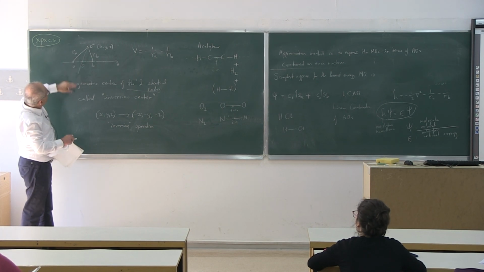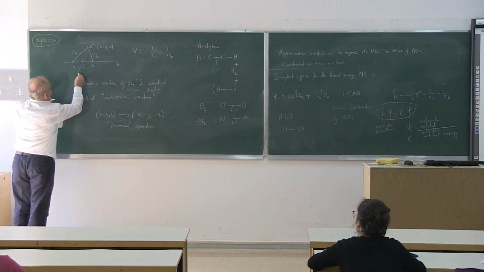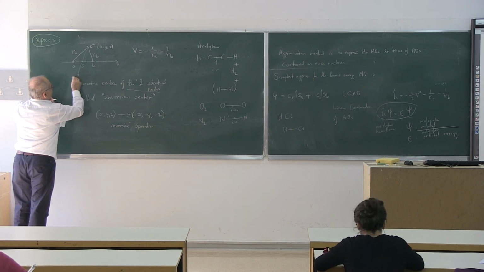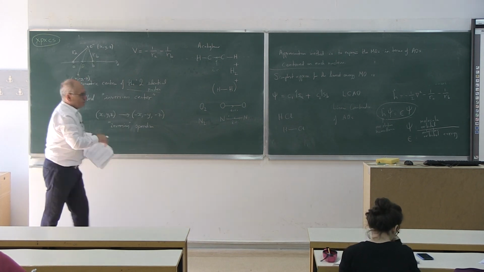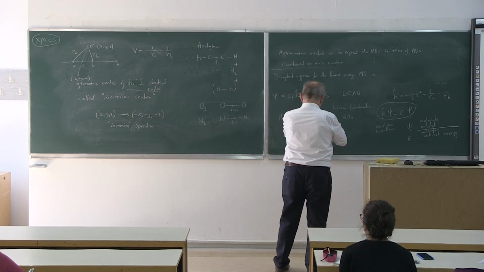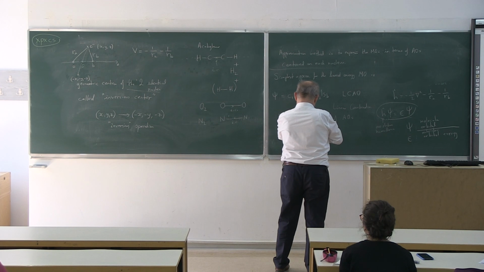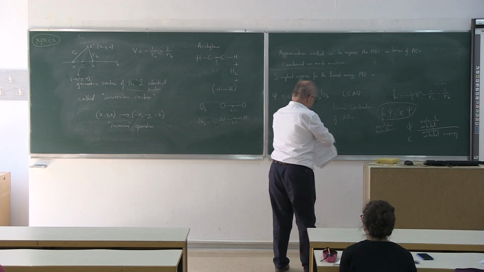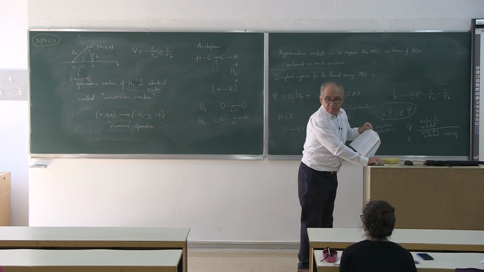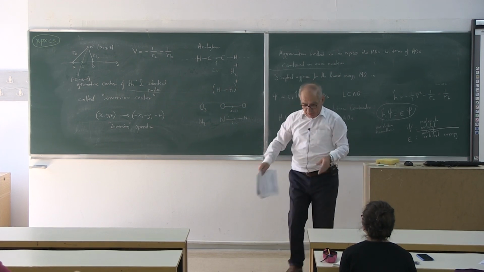So, for example, this looks like the new point. The coordinates of this point are minus x, minus y, minus z. Our time is up. We have to stop here.